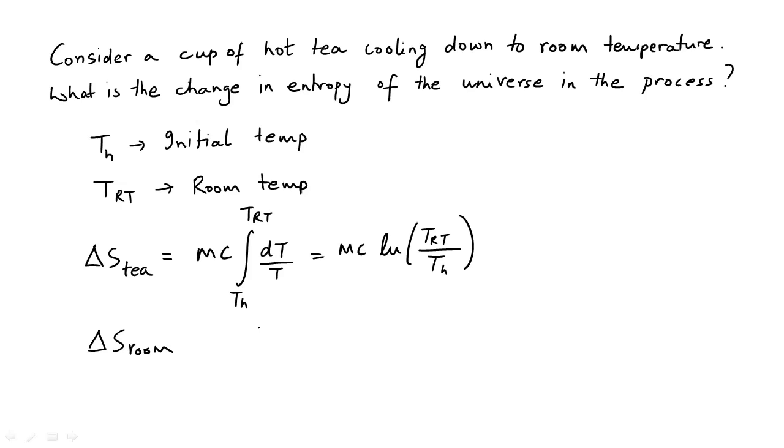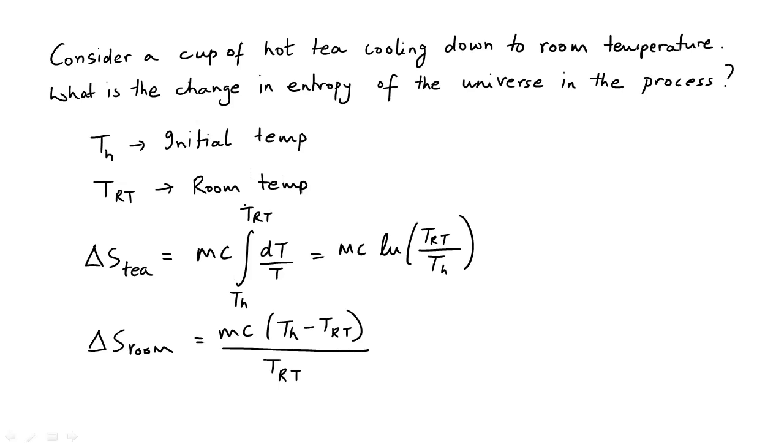All the heat that it absorbs from the cup of tea is at room temperature reversibly, because there is no change in the temperature of the room, and the change in entropy is mc (T_h minus T_room temperature) divided by the temperature of the room. This is clearly a positive quantity.